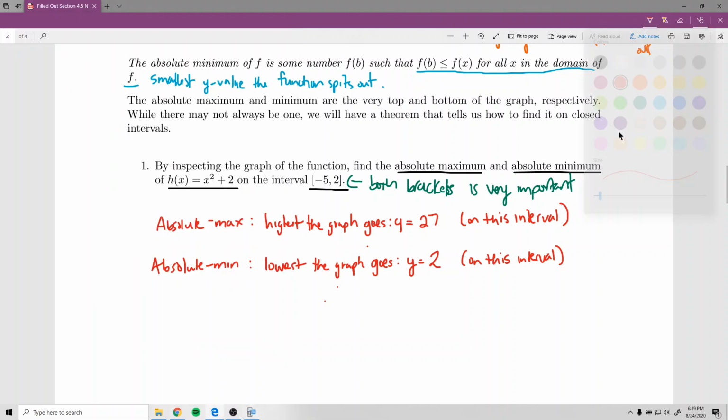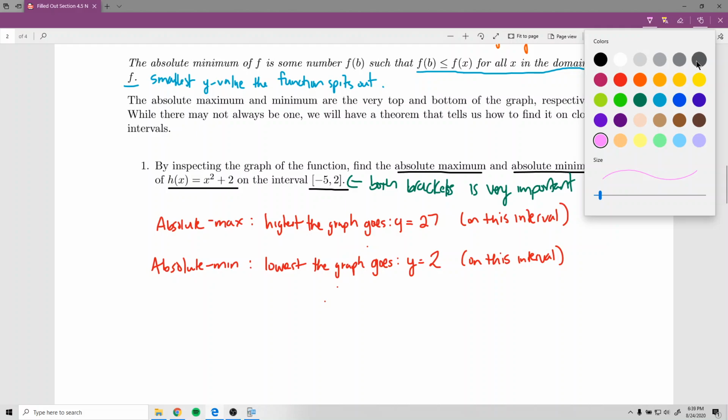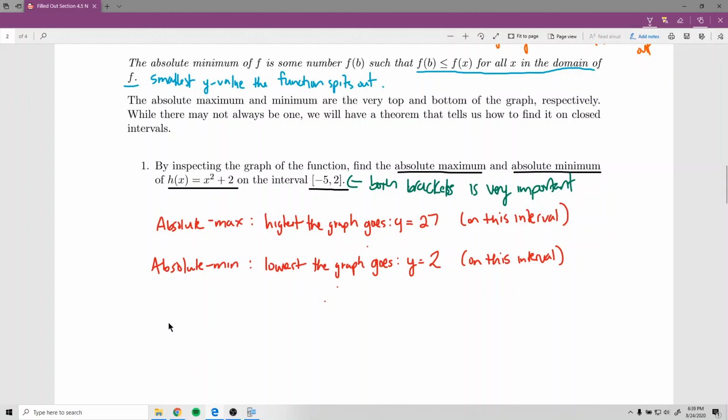Right? But what this picture is really trying to tell us is if we want to find absolute maximum and minimums, we have to check these different values.